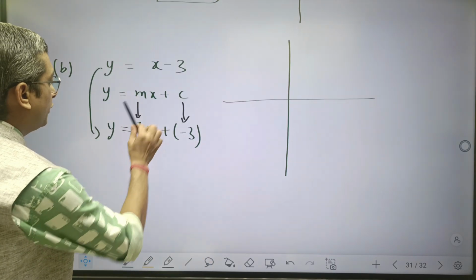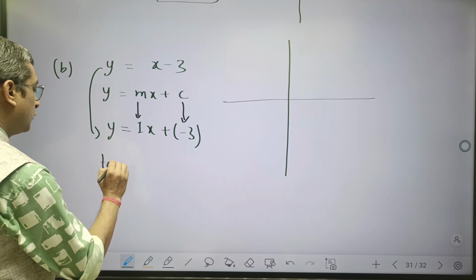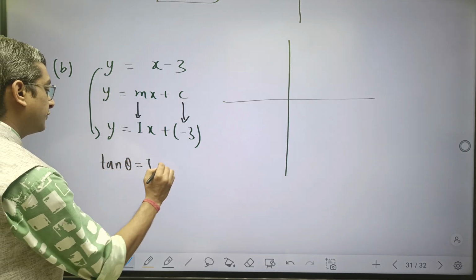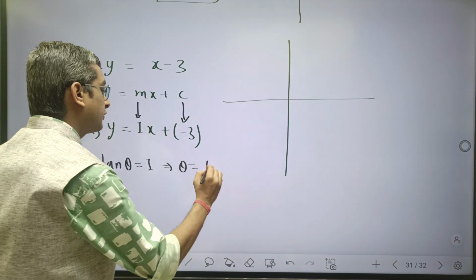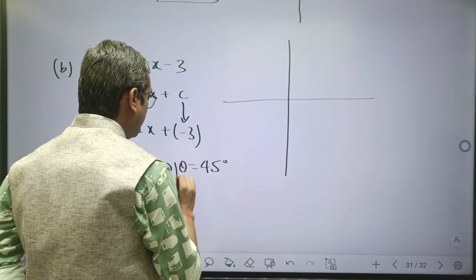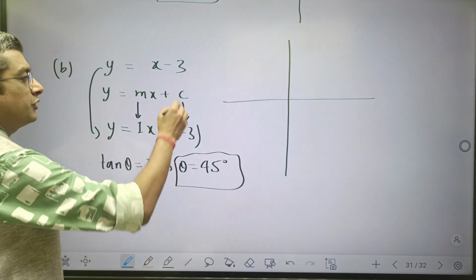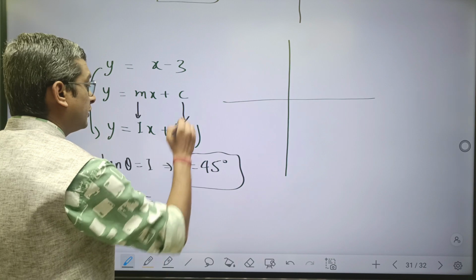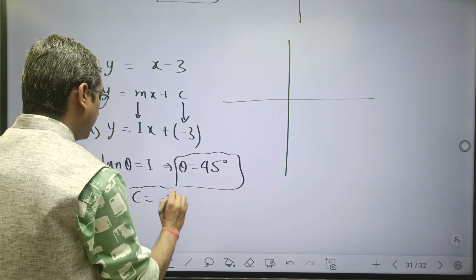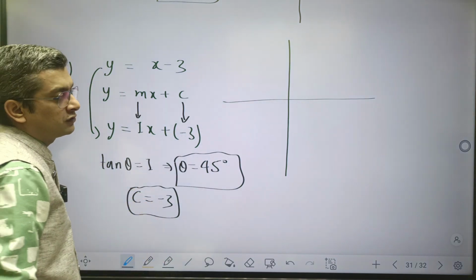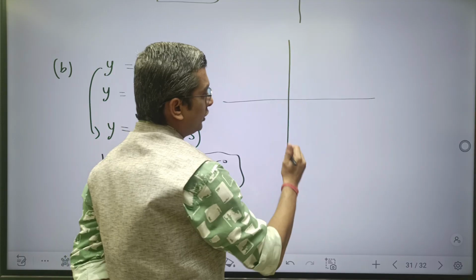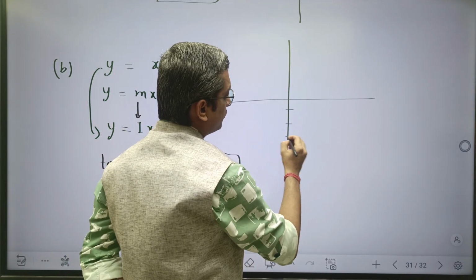So first of all, what is m? That is slope, and slope is tan theta. Tan theta is 1, which implies that theta is equal to 45 degrees. It means that the slope of the straight line is 45 degrees. And the second important information we are getting from here is c is minus 3. It means that the straight line must pass through minus 3. So this is the negative y-axis, minus 1, minus 2, minus 3.